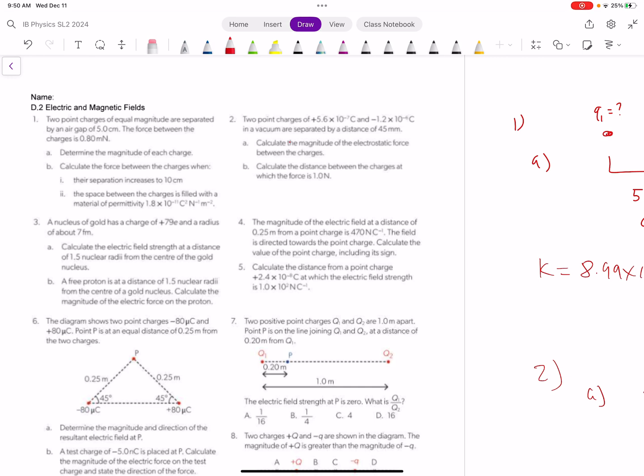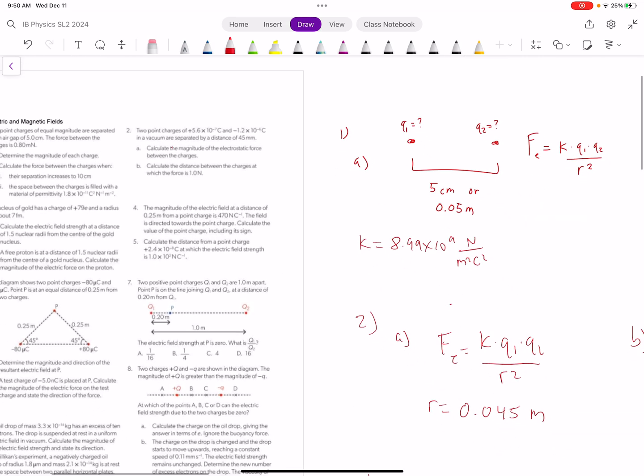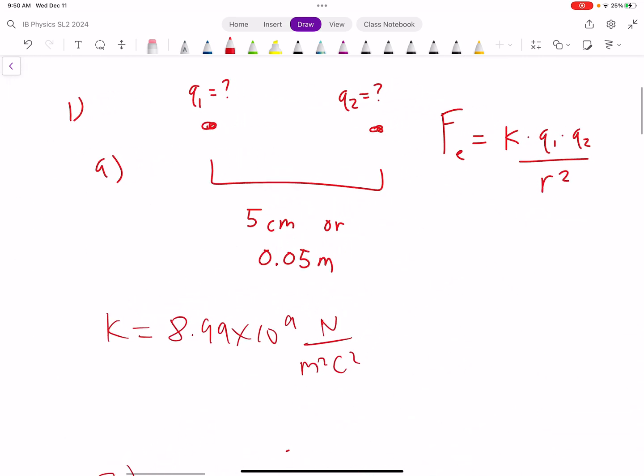We're given the distance between the charges, and we're given the force. If I draw a picture, and I'm not going to draw a picture for all of them, but if we have two charges, Q1 and Q2, the distance between them needs to be converted to meters.